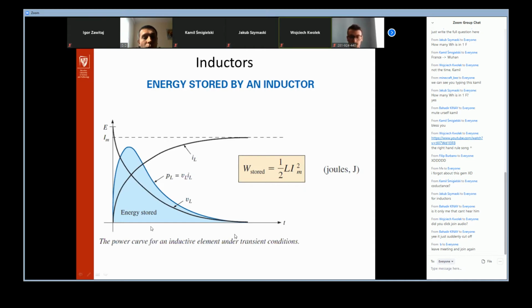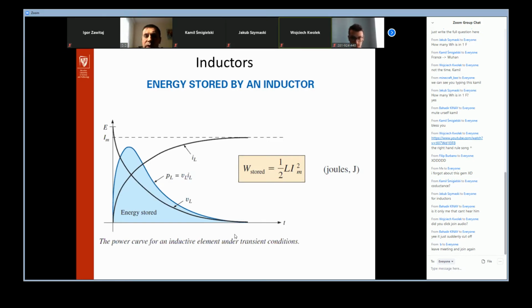So the stored energy is connected only with the storage and release phases, and only in that part of time can we say that some energy is stored.